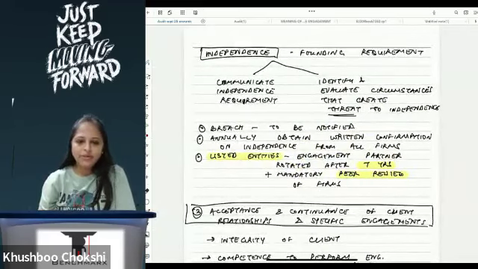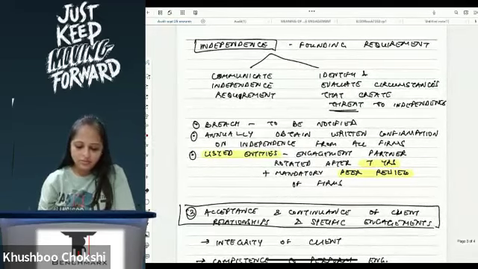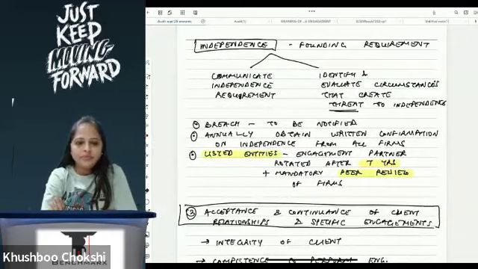Under the same point of ethical requirement, write down independence, which is your founding requirement. So dash founding requirement.